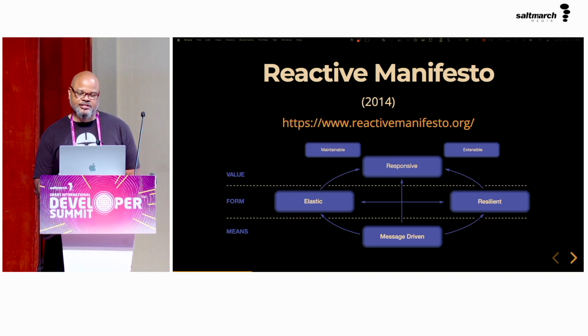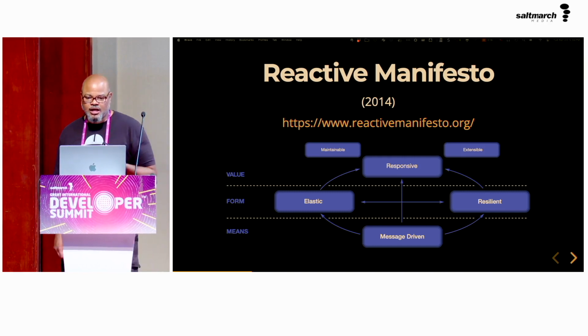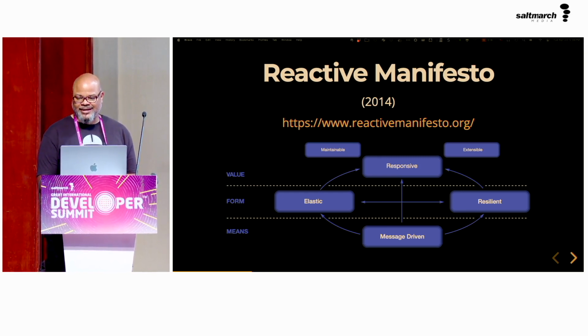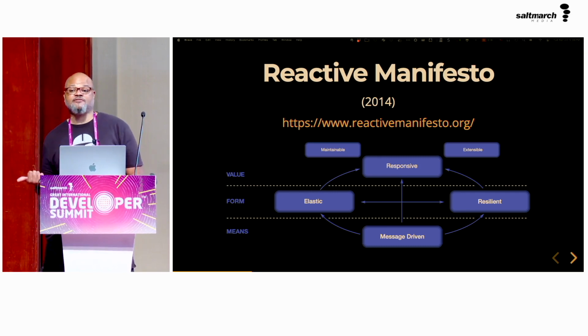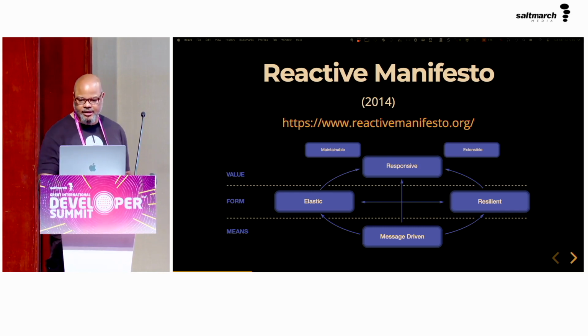Basically, the idea was, if we're going to build massively scalable systems, we want them to be reliable, elastic, message-driven, and responsive. The idea is rapid and consistent response times. We want them to be resilient, so they stay responsive in a state of failure. So even if parts of the system fail, it can respond quickly.